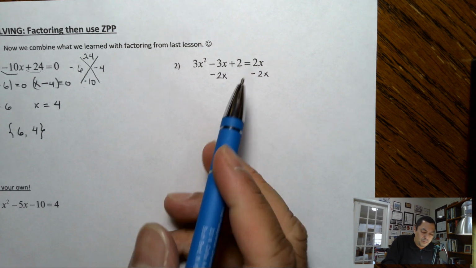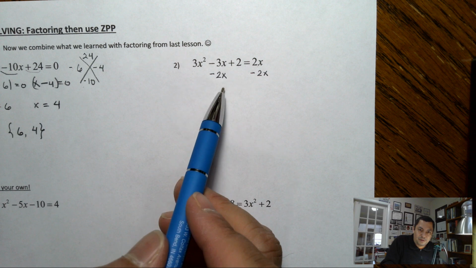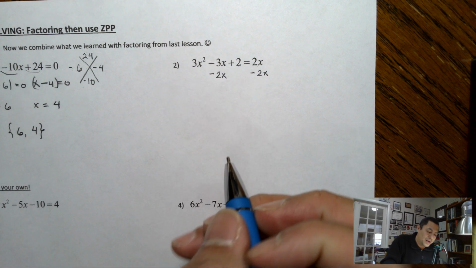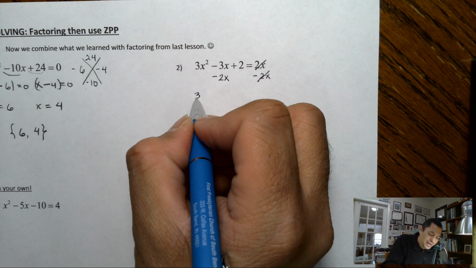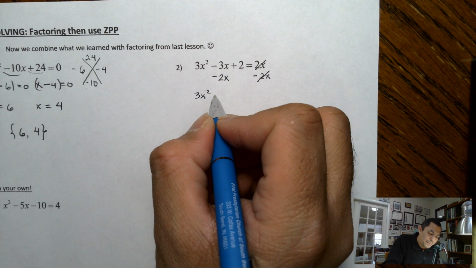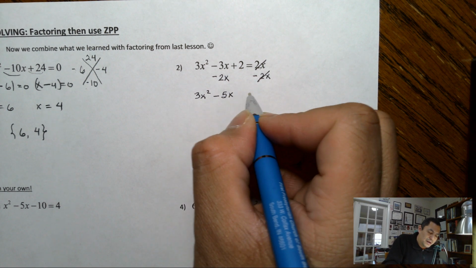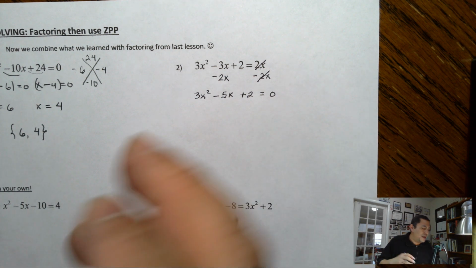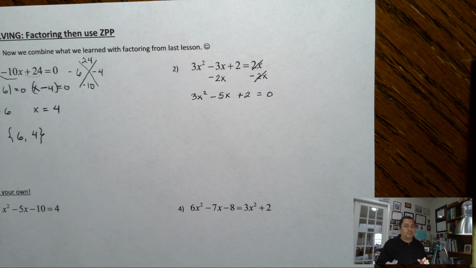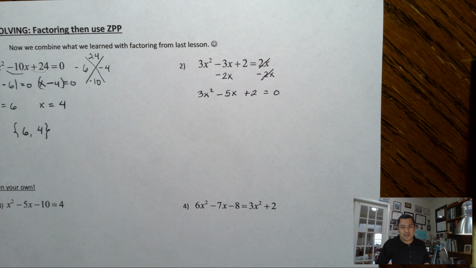I line them up with the negative 3x because they have the same variable. So this 2x goes away. That one is 0. So I have 3x squared minus 5x plus 2 equals 0. Now I can factor and apply the zero product property.